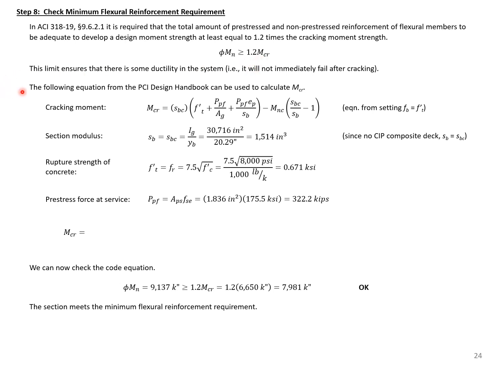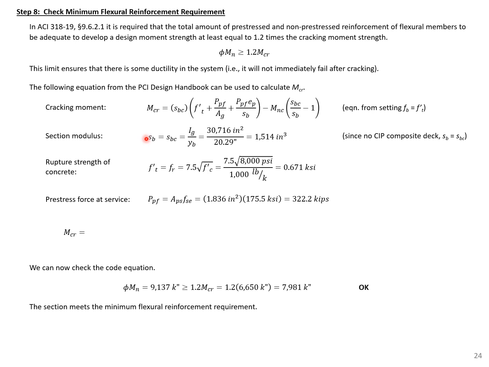We have the following equation from the PCI Design Handbook that we can use here for cracking moment. This equation is essentially derived from setting our bottom fiber stress at midspan equal to the tensile strength of the concrete. Here we have an S_bc, which is the section modulus for the composite section compared to the gross section.